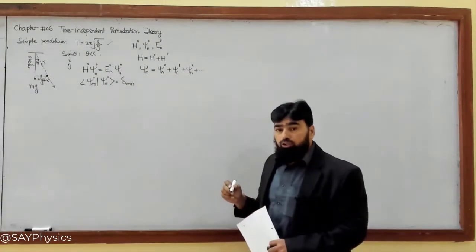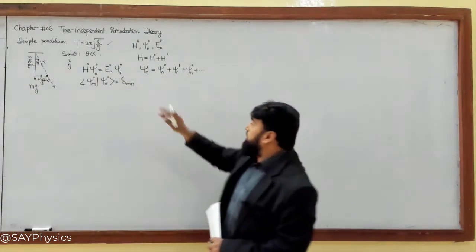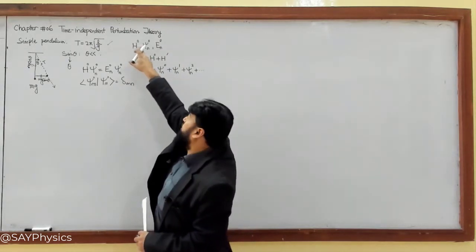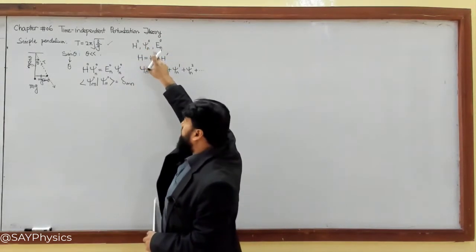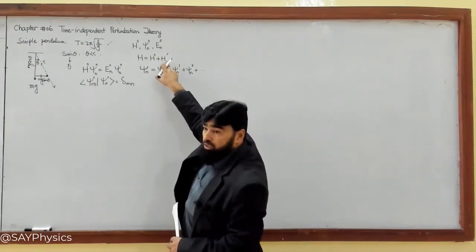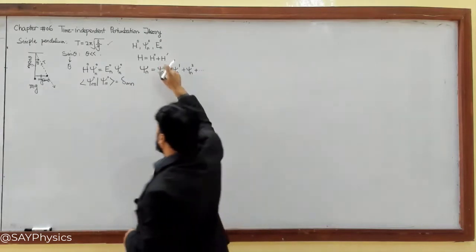So the wave functions will be modified. This is the wave function corresponding to the normal one, while these will be the correction terms caused by this perturbation.